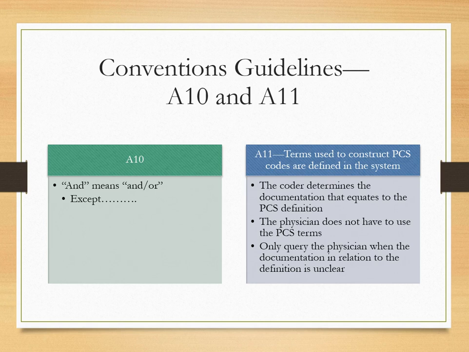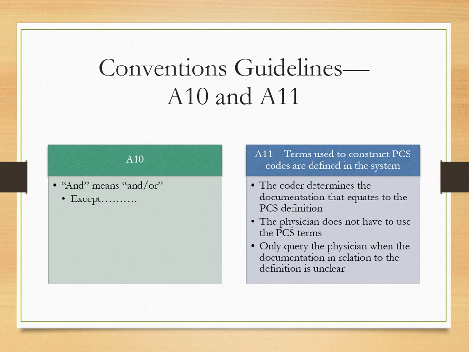However, according to ICD-10-PCS guidelines, resection is when the doctor takes out all of a body part. So if the doctor says part of a body part, we code it to excision as opposed to resection.